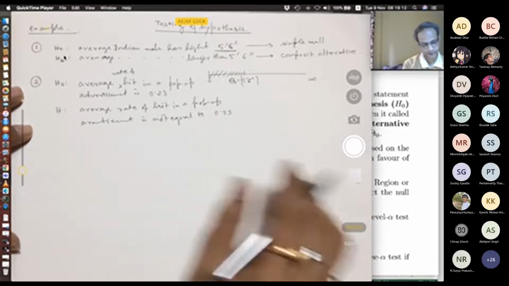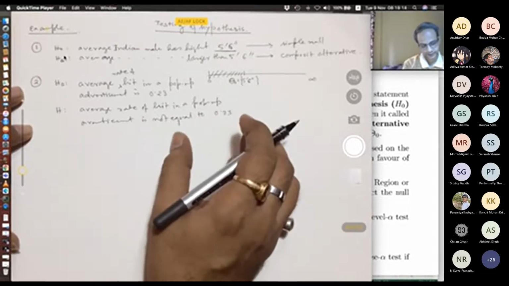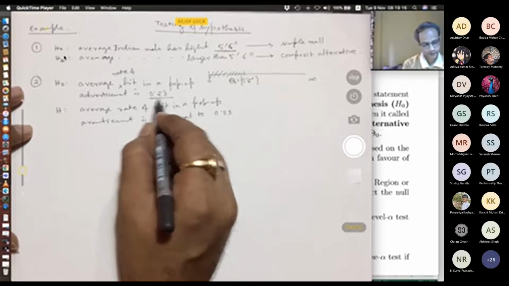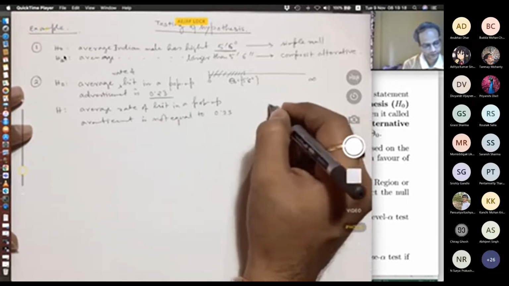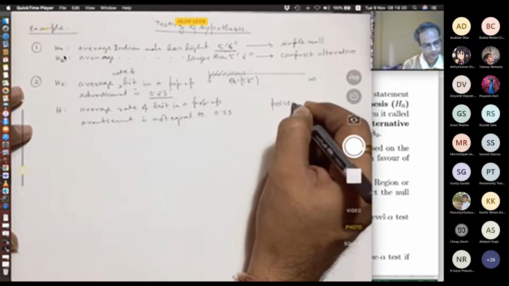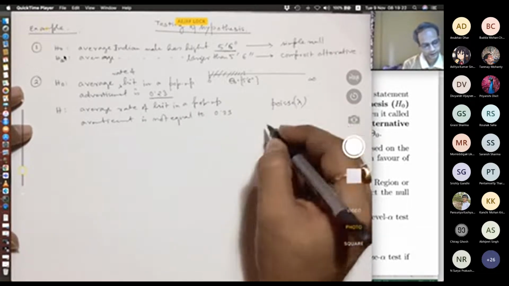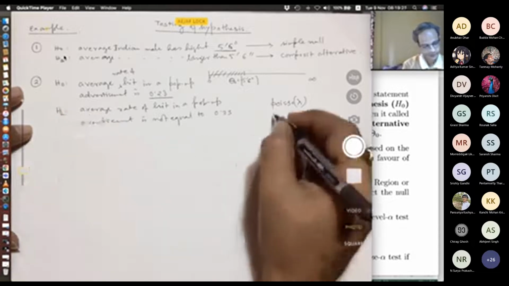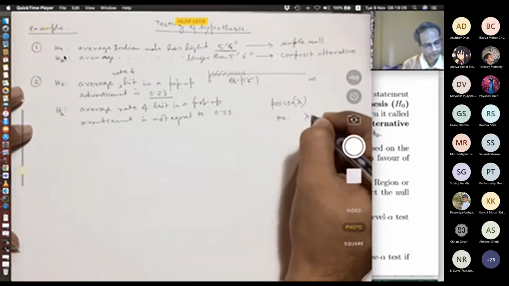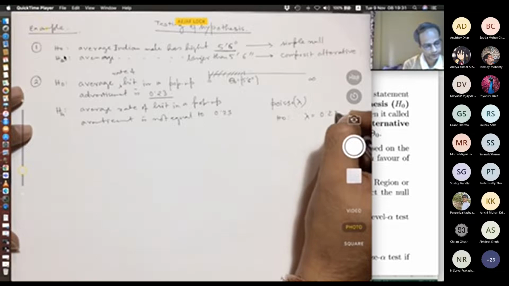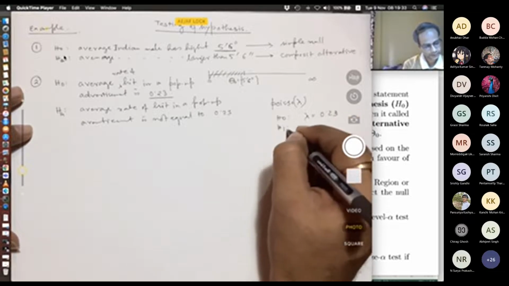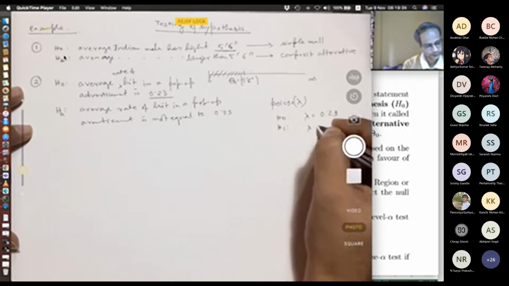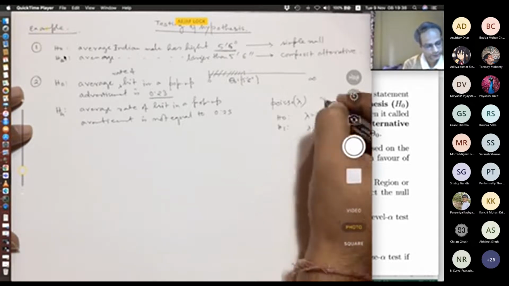So here you can model your rate with Poisson lambda, and the null hypothesis is specifying H naught: lambda equals 0.23. The alternative hypothesis is specifying lambda not equal to 0.23, and you know lambda is greater than 0.